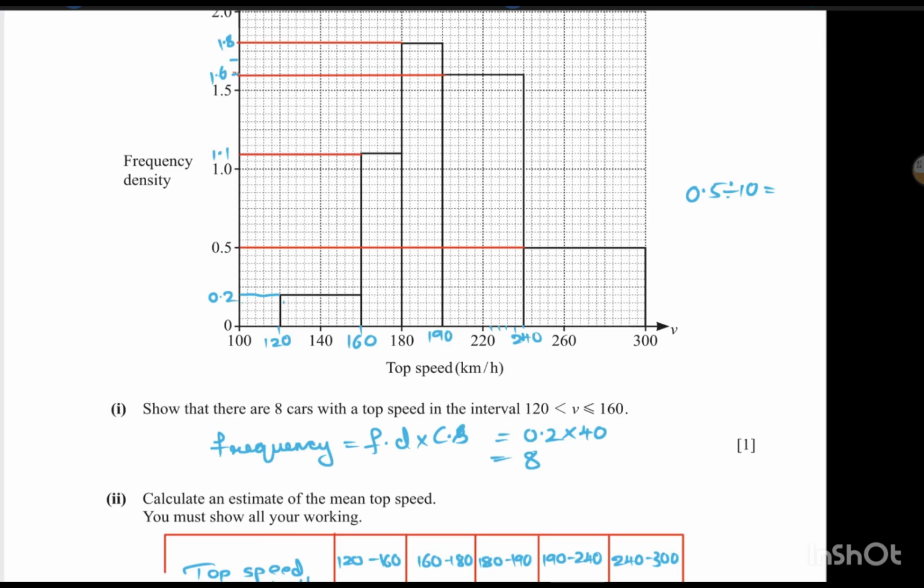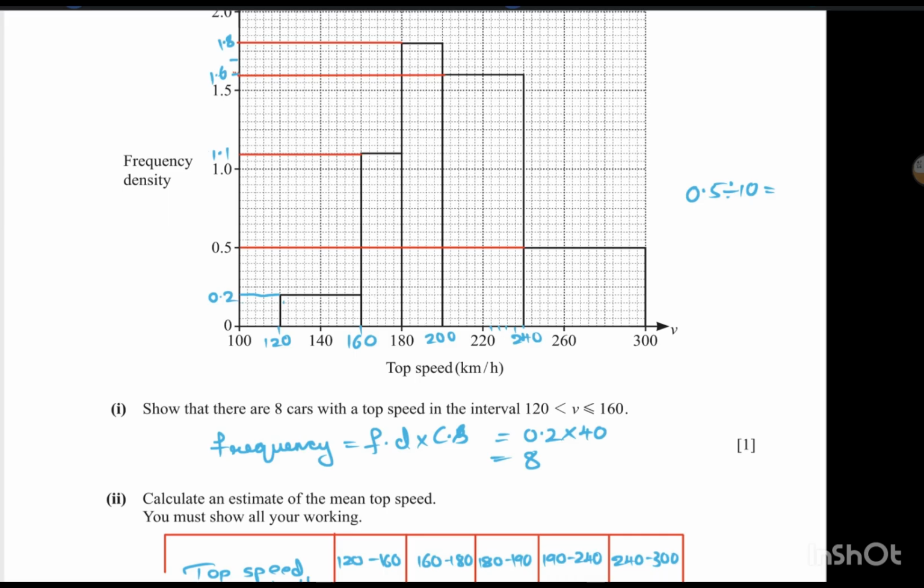So 180 to 190. 1, 2, 3, 4, 5. 5 into 4 is 20. Okay, this should not be 190, this should be 200. So this was the mistake here. This should be 200.